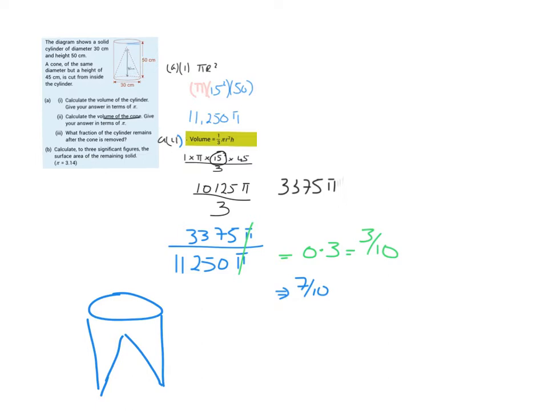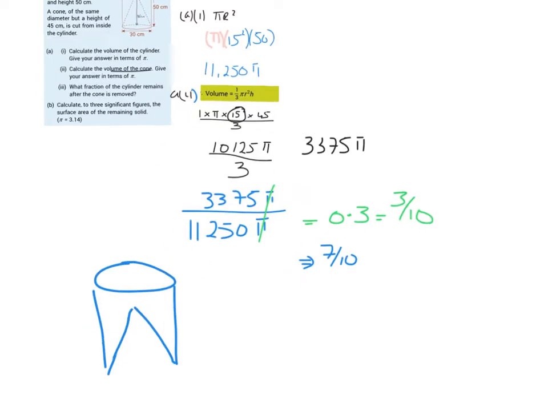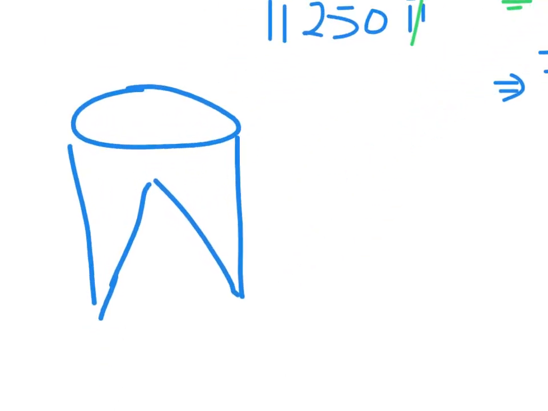But let's have a look at what this shape is. It is the area of a circle, the full area of a circle, plus the whole curved surface area of the cylinder, because we go the whole way around. But inside it, we're taking away the curved surface area of the cone.